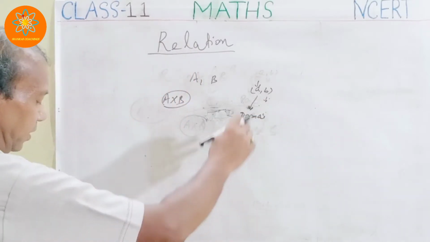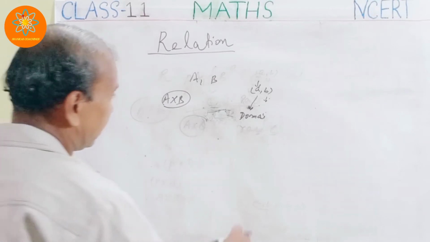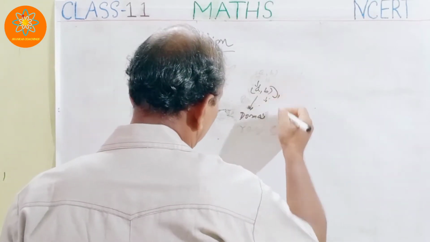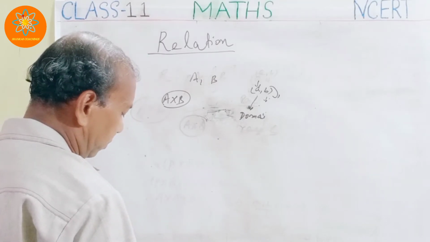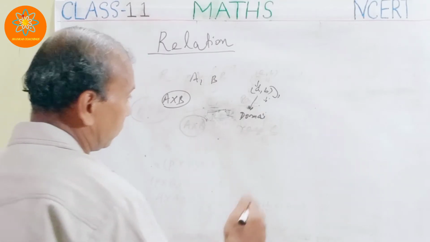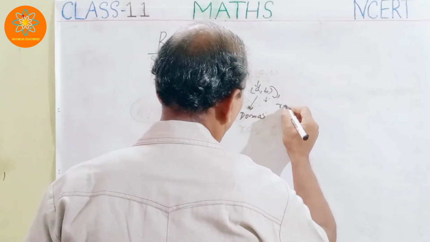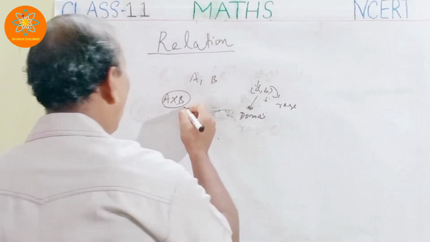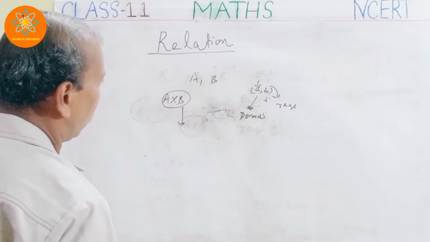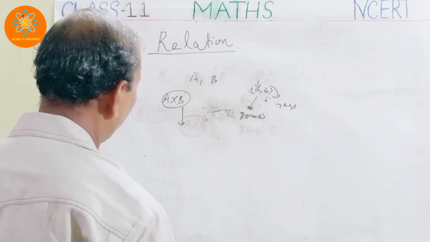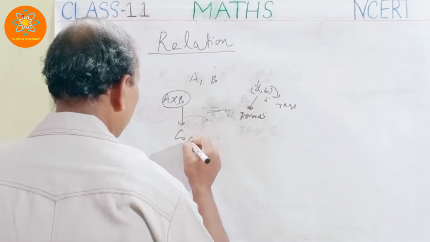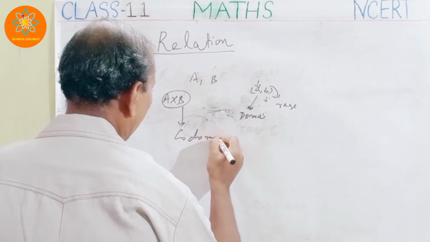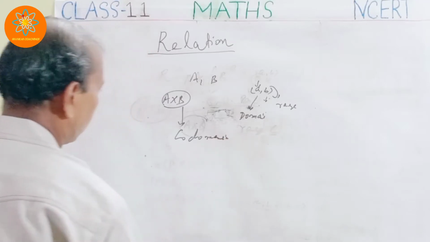And if you take all the second elements of B, that will be called the range. And all the elements of this B is called the codomain. This is called the codomain.